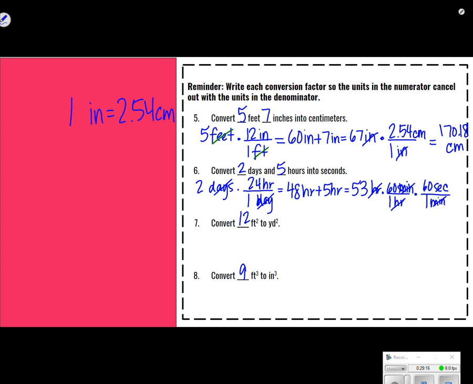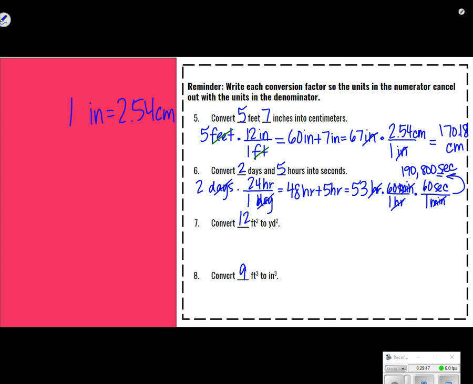There's just ones on the bottom, so I'm just going to do 53 times 60 times 60 in my calculator, and I get 190,800 seconds in my 2 days and 5 hours. So you can have mixed units, and that's the purpose of these two. You're going to have to do a little bit of conversion, some combining, and then some additional conversion.